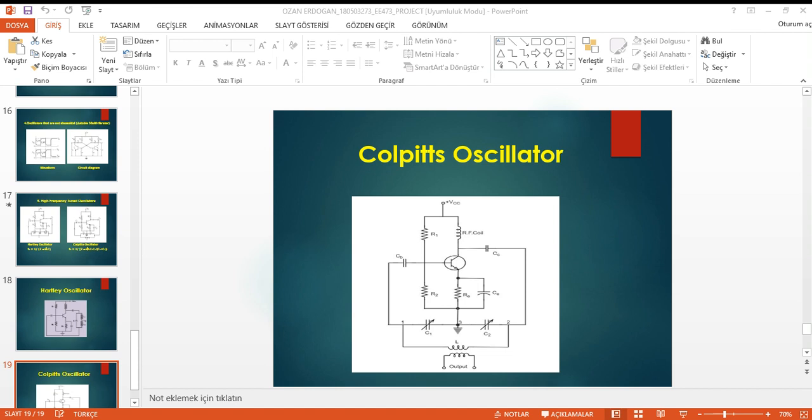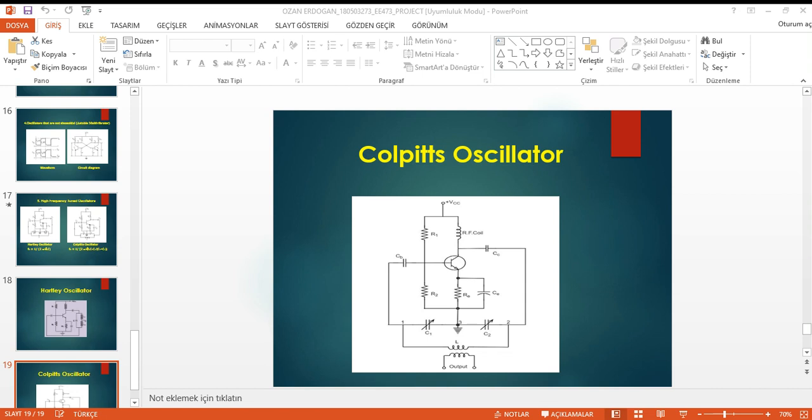The capacitor CE provides AC ground, thereby preventing any signal degeneration. This also provides temperature stabilization. And the capacitors CC and CB are employed to block DC and provide an AC path.